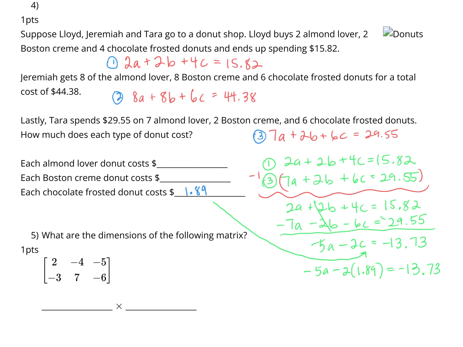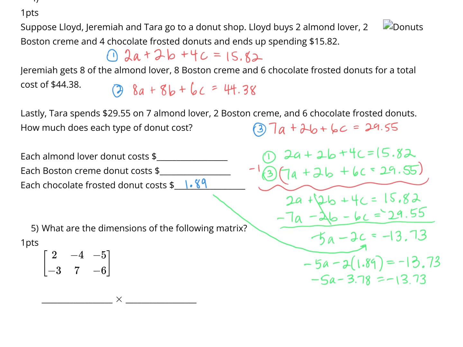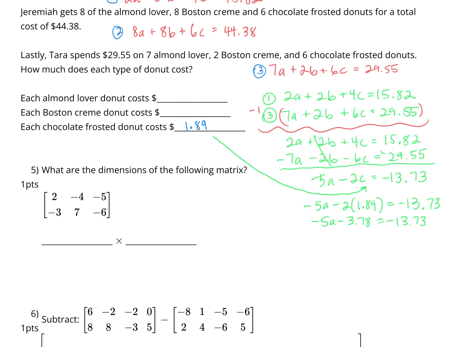So 189 times negative 2 is negative 378. Okay, and then we need to add 378 to both sides. So it's going to give us negative 5A is equal to negative 1373 plus 378, which is negative 995.